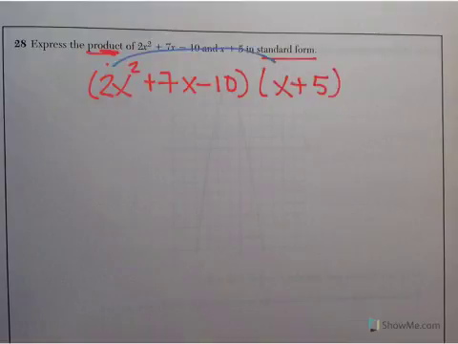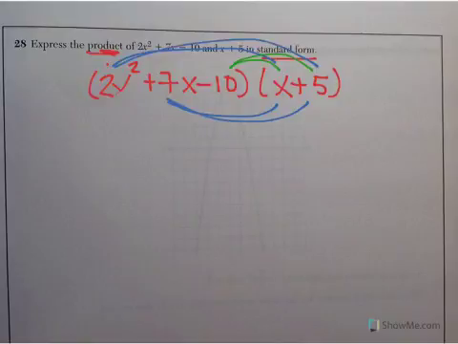So all I'm going to do is just distribute. So I have to multiply each term by everything.